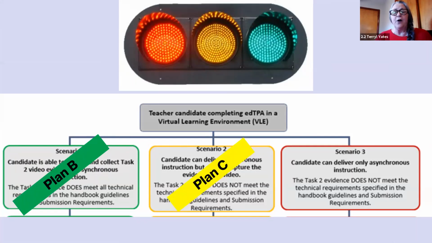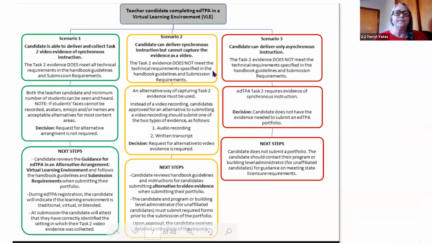Scenario 2, we're going to talk about in a minute. That means that your school system, or for some reason your setting, does not allow you to do any recording in the classroom. And then the last one is if you are only doing asynchronous instruction. Those are the 3 scenarios.